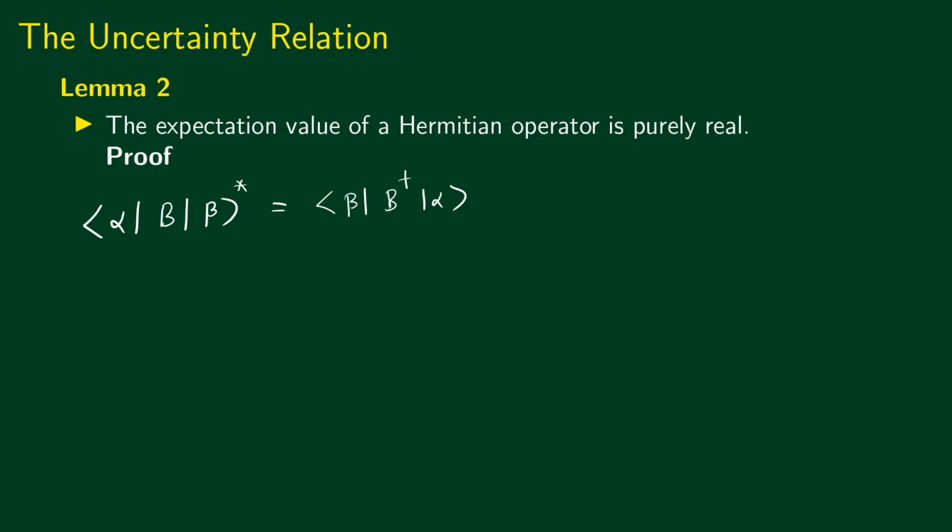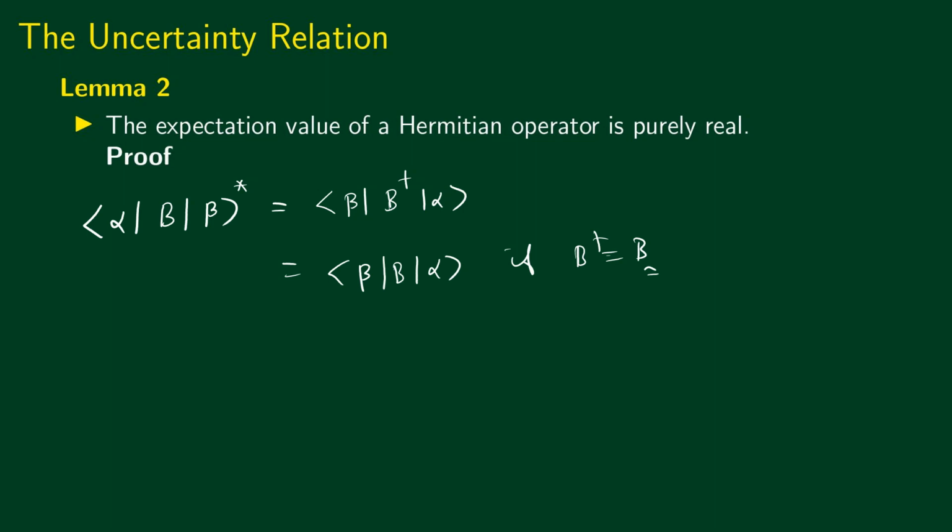Now, if b is Hermitian, b dagger is equal to b. So we can write this as bra beta b ket alpha, for a Hermitian operator. What does this say about the expectation value of this operator? For expectation value, I'll have the same state on the left and on the right.